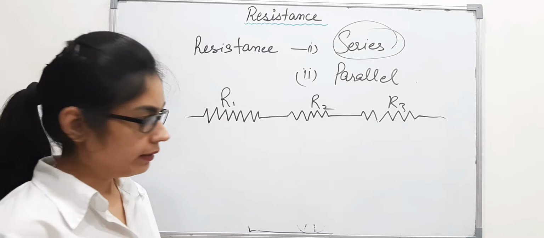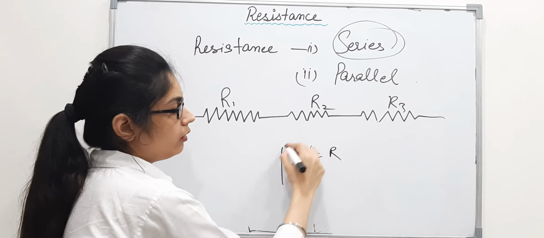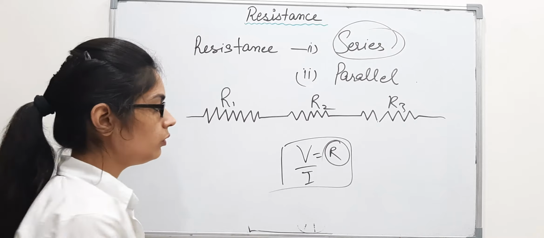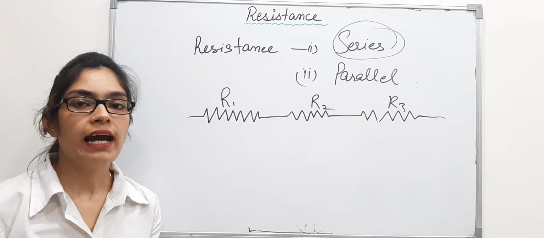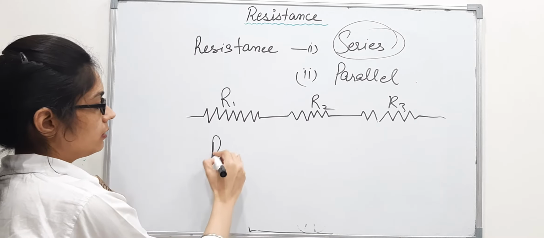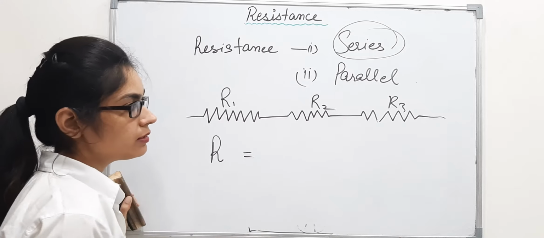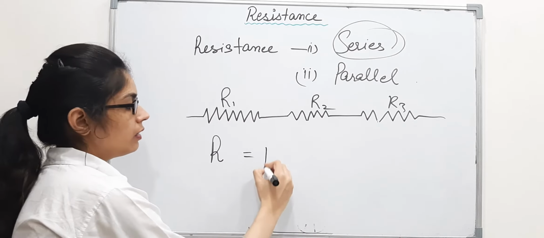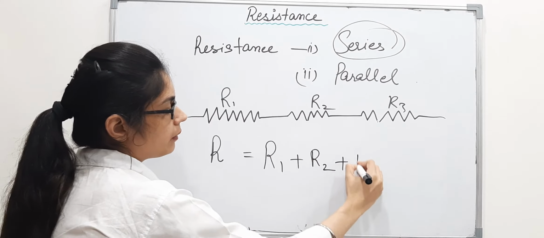But as you have already seen in the formula, V upon I is equal to R. In all the formulas, we can use only one resistance. So for these 3 resistances, we have to find the resultant resistance or equivalent resistance. The resultant resistance for series combination will be R1 plus R2 plus R3.